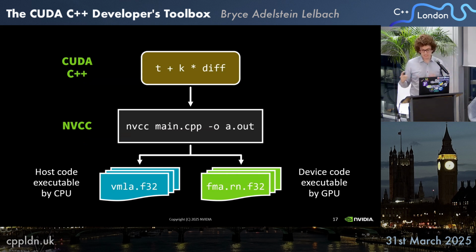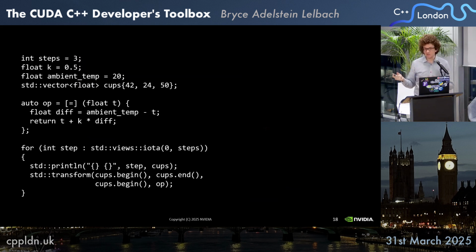And so the CUDA C++ compiler NVCC will compile CUDA C++ code for different targets. But how does NVCC know what targets a particular function should be compiled for? That is what execution space annotations are for.